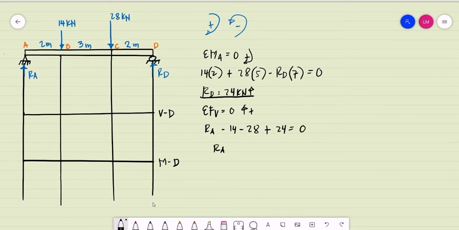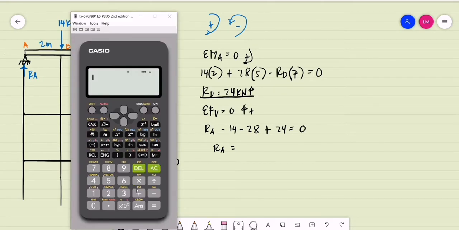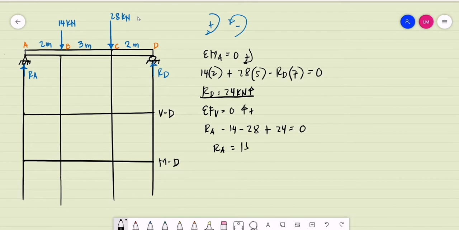So the reaction at A is equal to 24 minus 14 minus 28, which is negative 18, then transpose, that will be positive 18. So this is 18 kilonewtons, and it is also upward.